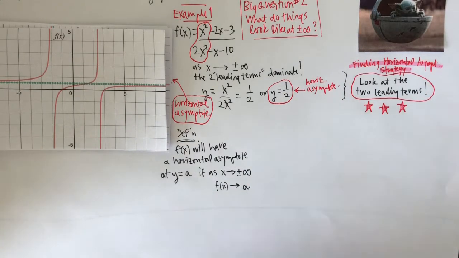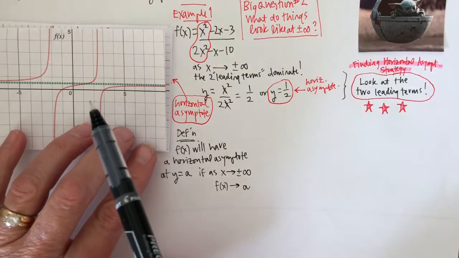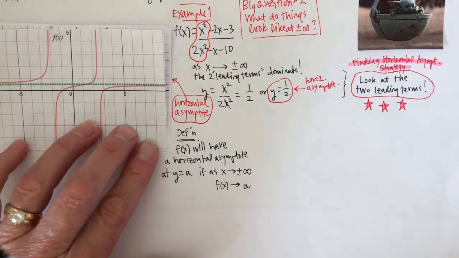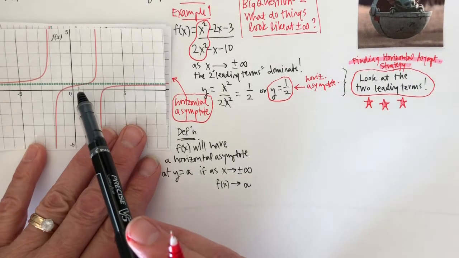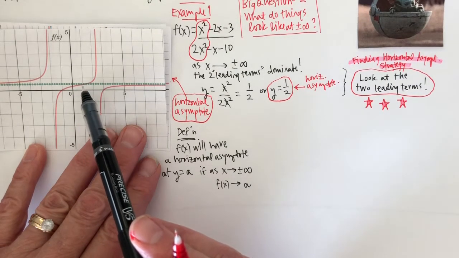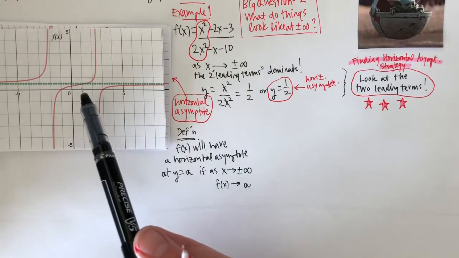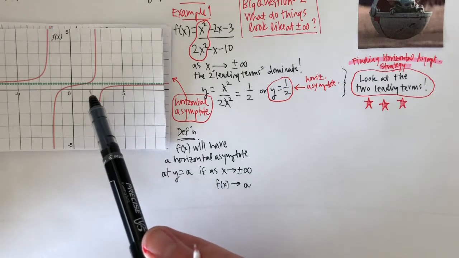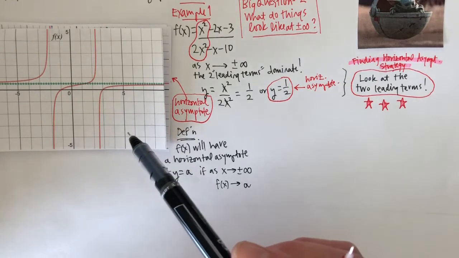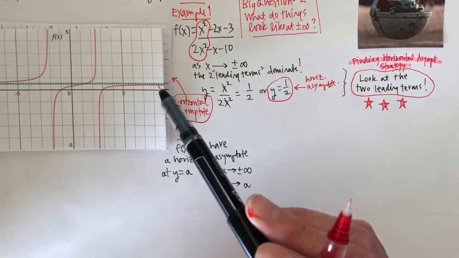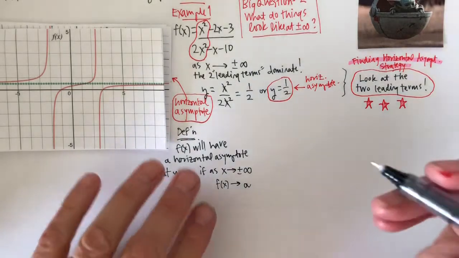Okay, some of you may have noticed something that vertical asymptotes are not allowed to do that horizontal asymptotes are allowed to do. They are allowed to have the function actually cross them. See right here, the function crosses this horizontal asymptote. That was absolutely forbidden with the vertical asymptote. But horizontal asymptotes are a little different. They really are only telling us end behavior. They're only telling us what's happening out at infinity or what it's approaching at infinity.